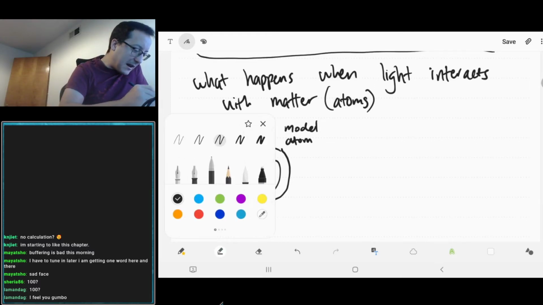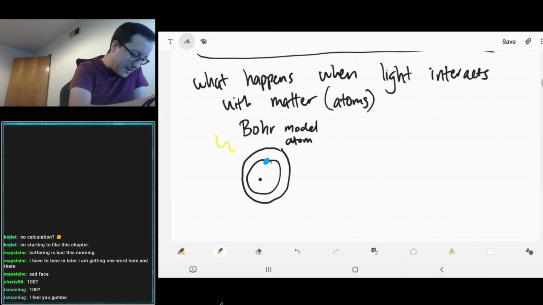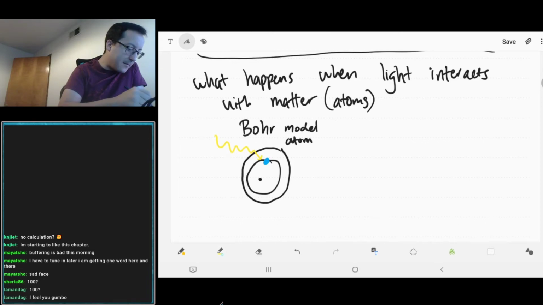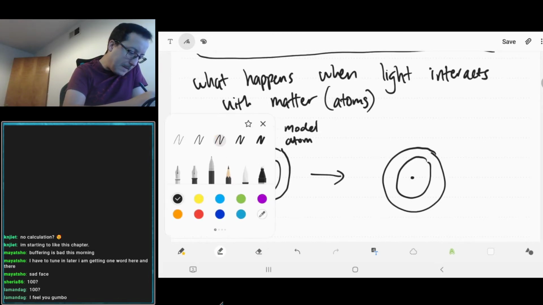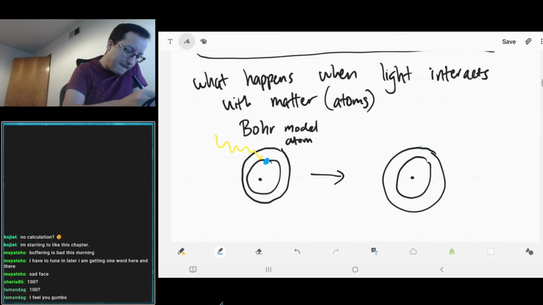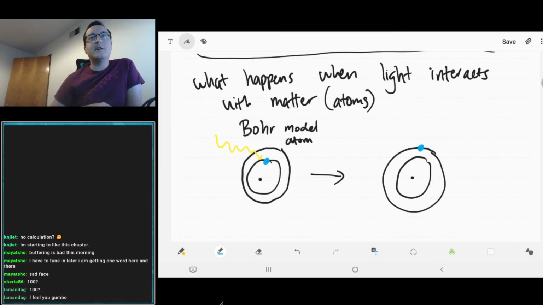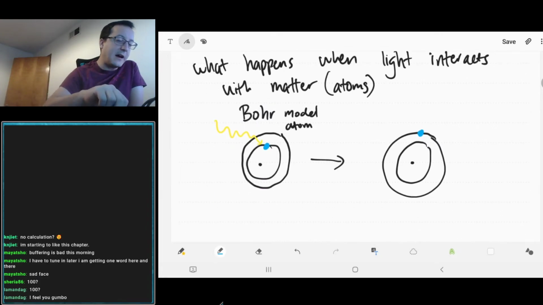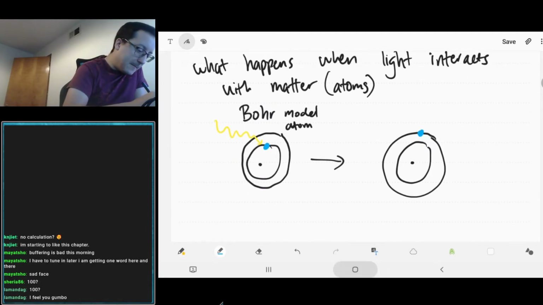We're going to see that what can happen is here comes a light wave zapping that, and that can cause an electron to jump into a higher orbital.